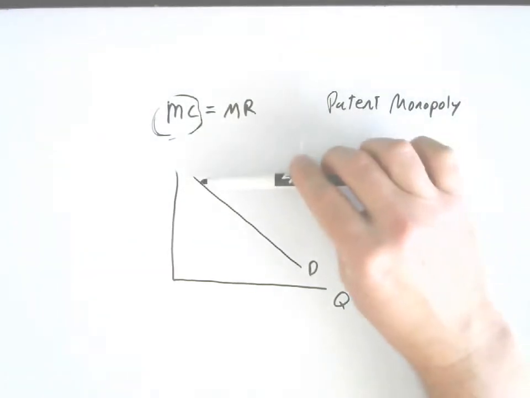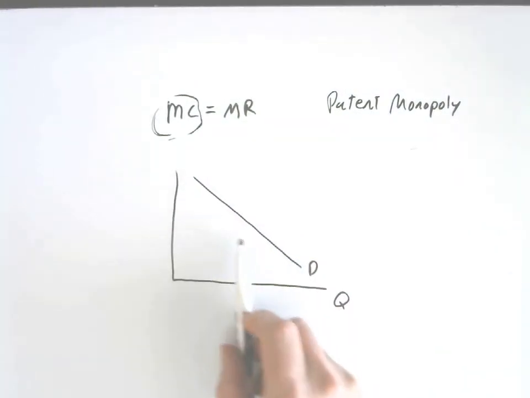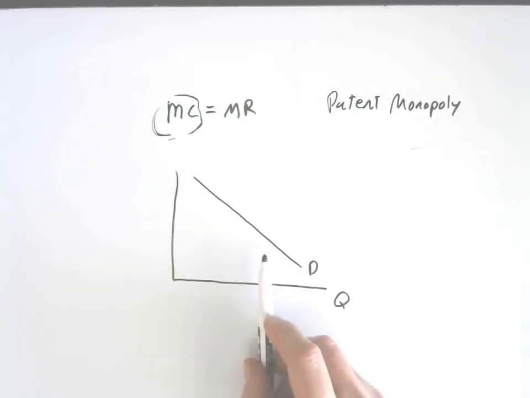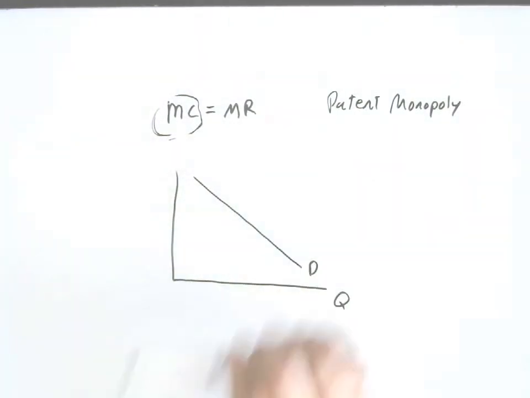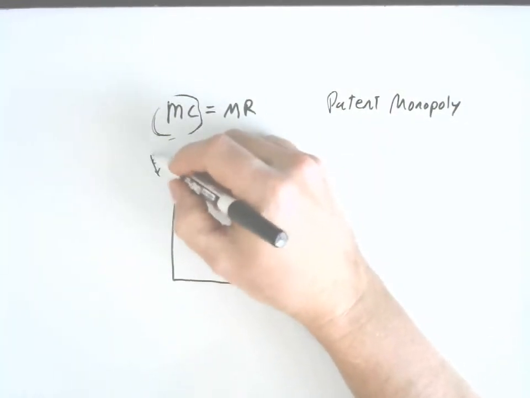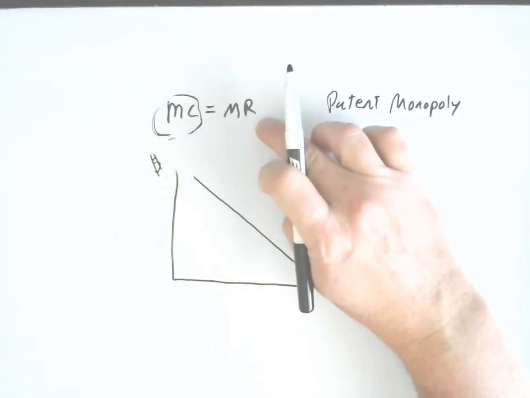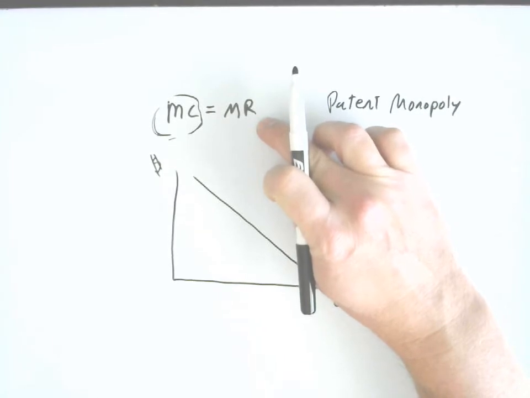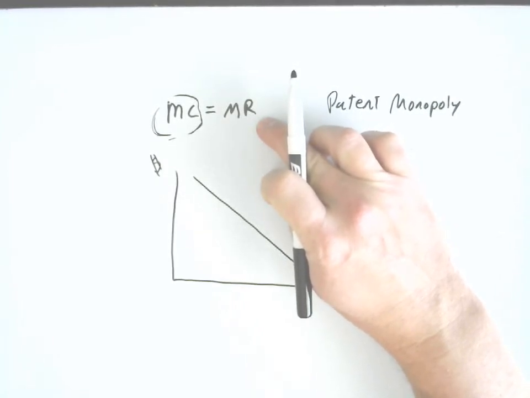So the law of demand says that if this firm wants to increase quantity demanded, it's going to have to lower the price. Now, what does that mean? That means that the marginal revenue curve must also be downward sloping. The question is then, what does the marginal revenue curve specifically look like?